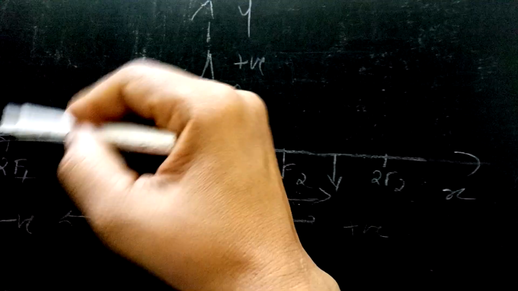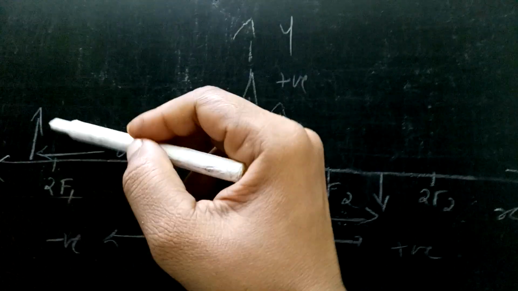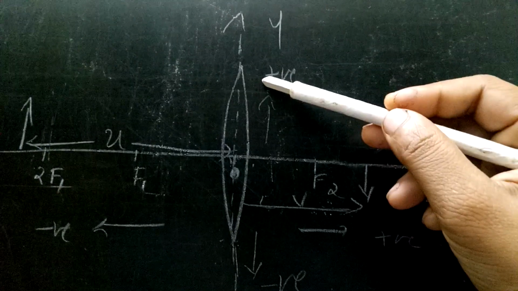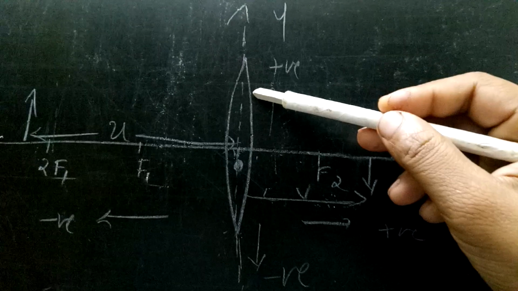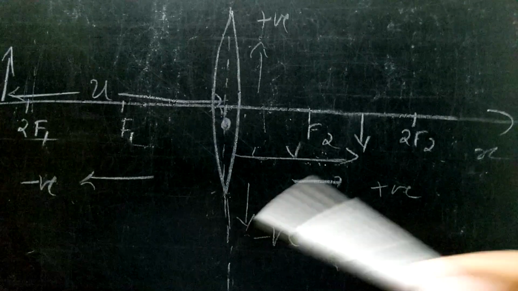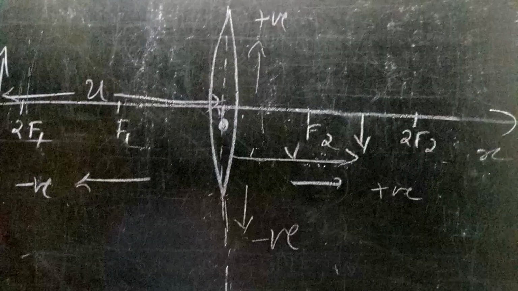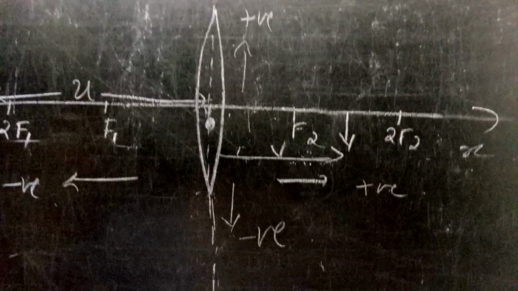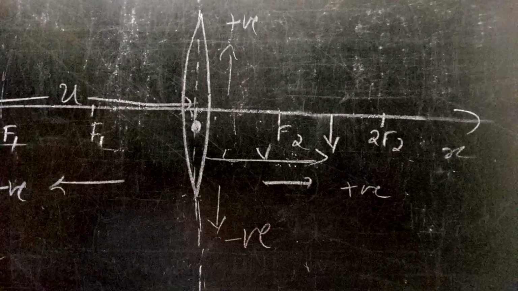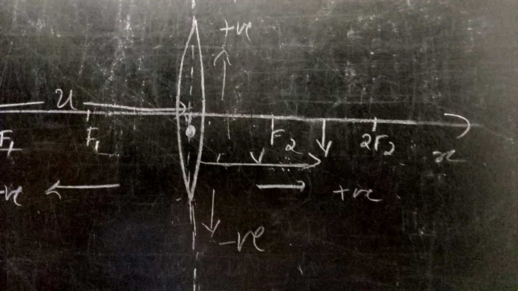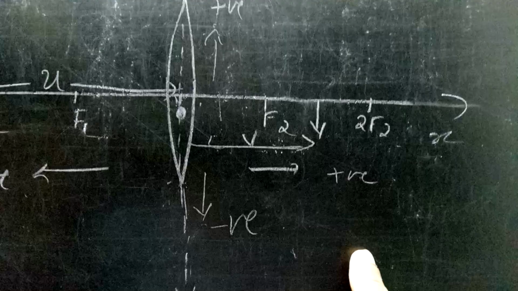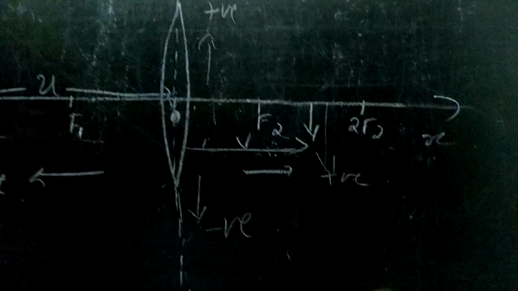And the height of the object is in the upward direction. So from the origin, upward will be positive, so the height of the object will be positive, and the height of the image depends upon the image position. If the image is formed on the right side, it will be real and inverted, so h dash will be negative.